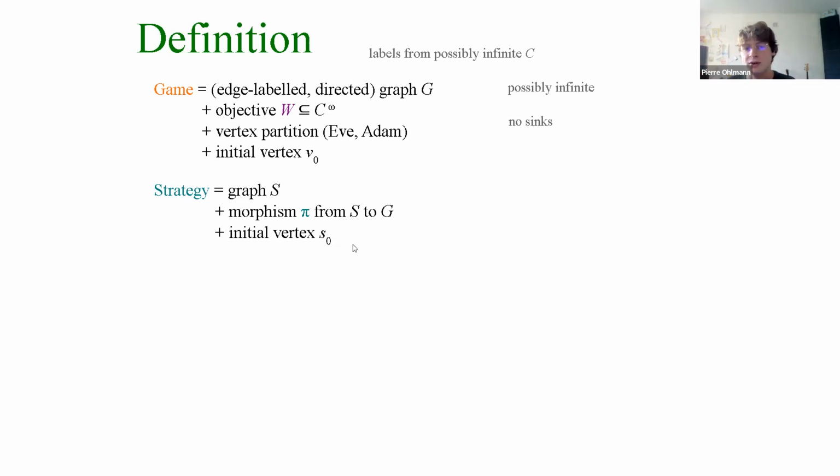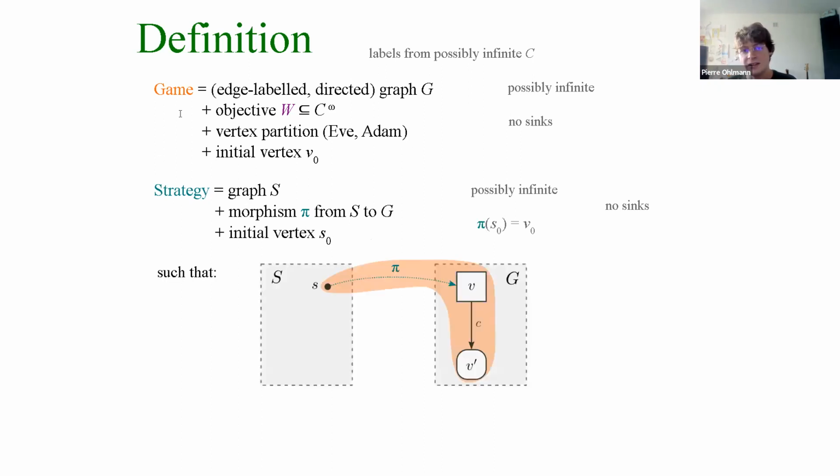And we have an initial vertex. So the strategy is, again, possibly infinite. It's quite important that it's possibly infinite. It has no sink. Obviously, the initial vertex in the strategy should map to the initial vertex in the game. And the important requirement is this one. So I already mentioned it.